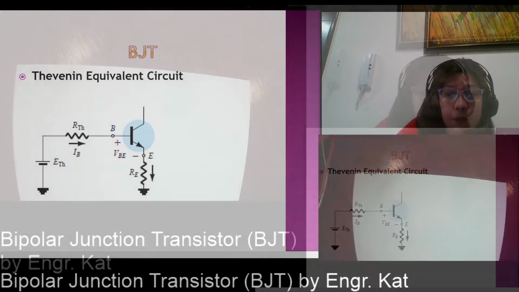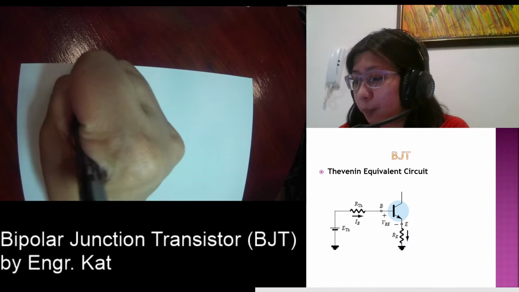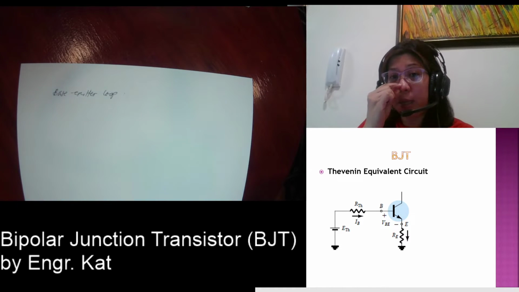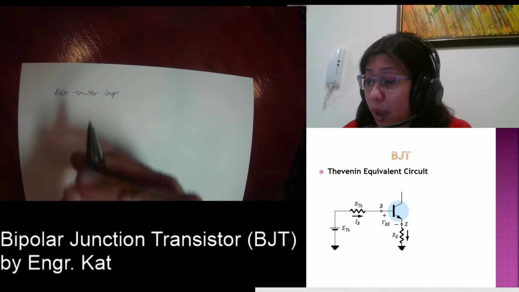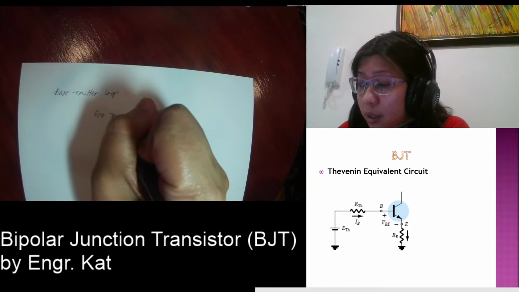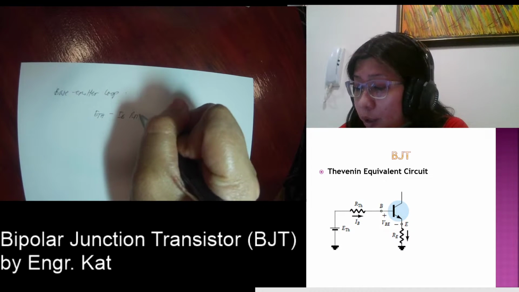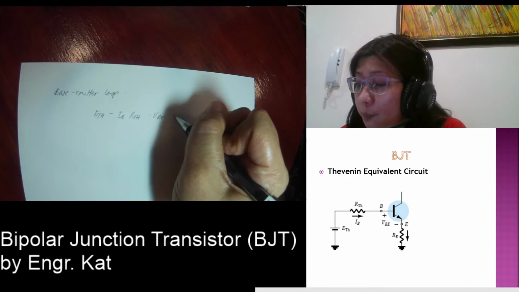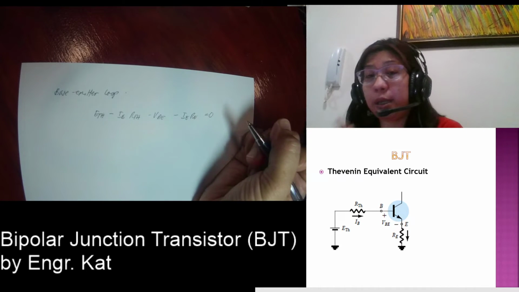So we look at the base emitter loop again. Instead of VCC, we now have your ETH. So I have ETH minus, instead of RB, IB multiplied by RTH, minus VBE, minus IE multiplied by RE is equal to 0.